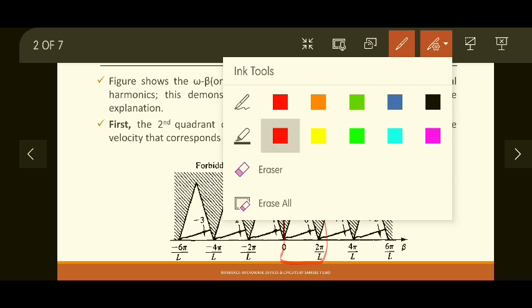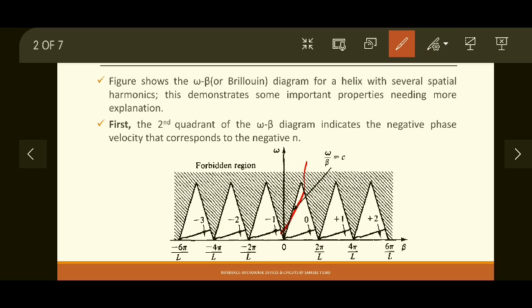In this case you will see this is the phase velocity when the phase velocity of a wave is equal to the speed of light. And when it is retarded or slowed down by the helical structure, we have seen the helical structure is known as slow wave structure, so its phase velocity is slowed down.